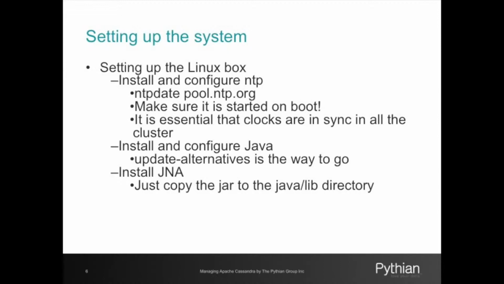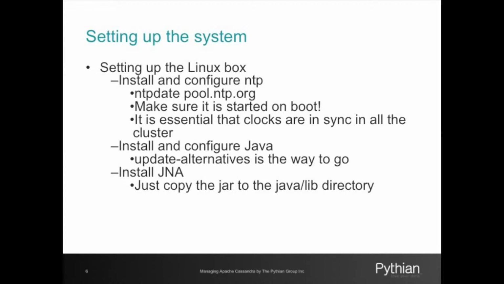So I install and configure NTP. I make sure that the pool is set. Then I make sure that it is started on boot. Otherwise, you do a reboot, and then your clocks are no longer in sync. Then make sure that all the clocks are actually in sync. This is mandatory because Cassandra, as a distributed system, is highly dependent on your clocks.